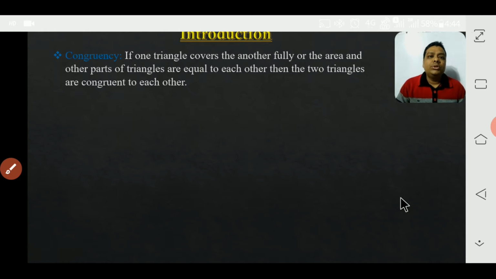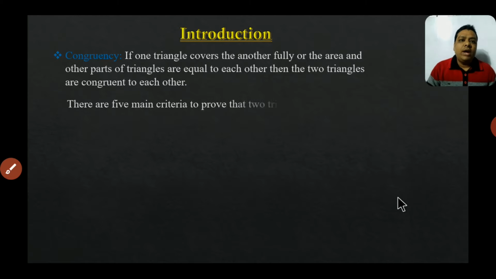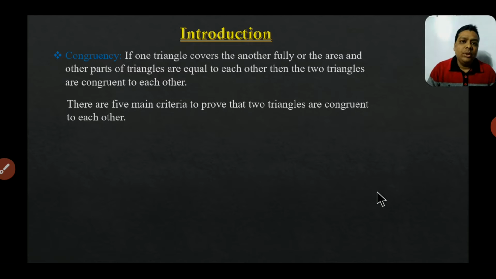Okay, students. So now we can say there are five main criteria to prove that two triangles are congruent to each other. What are these criteria? Let's see here. First, ASA criteria. A for angle, S for side, and A for angle.